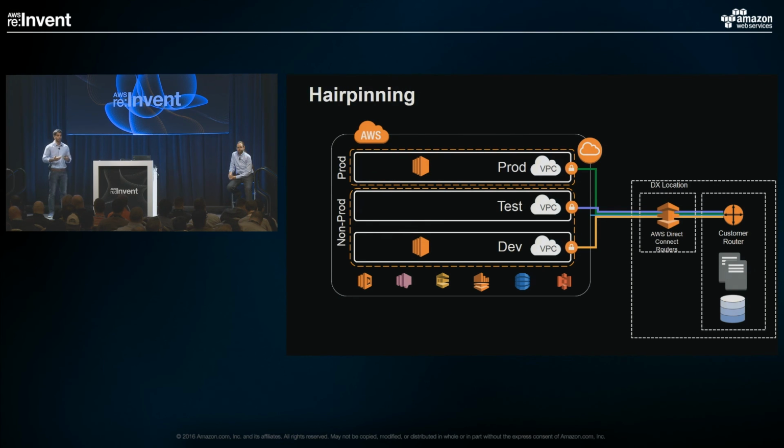Another thing we sometimes see our customers implement is called hairpinning, where you peer two VPCs using Direct Connect. The way it works, the server sends traffic over Direct Connect back to the customer router, from where it gets redirected over Direct Connect back to a second VPC.